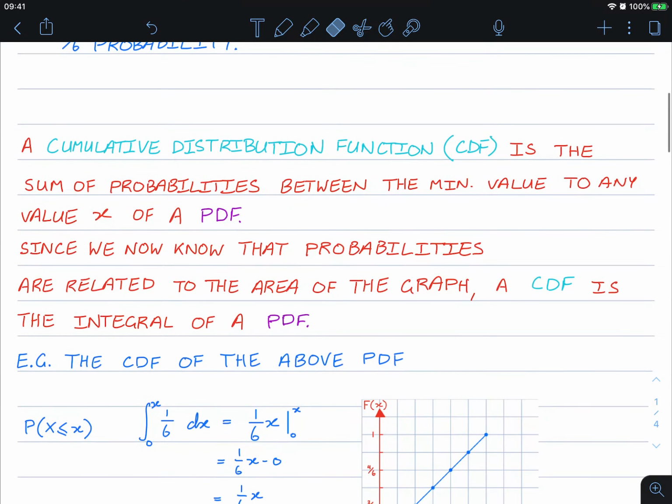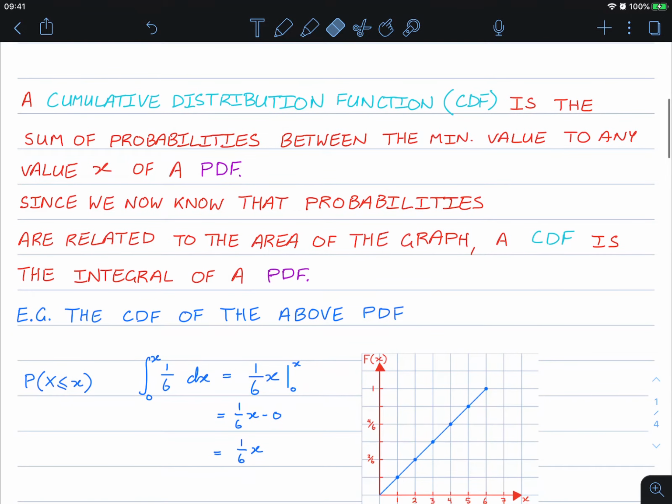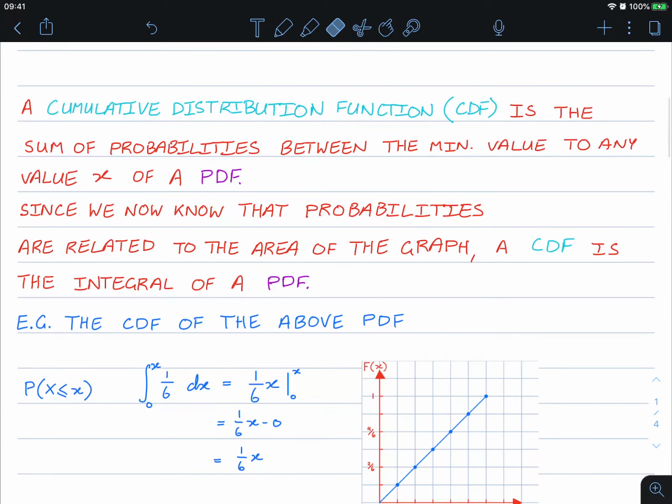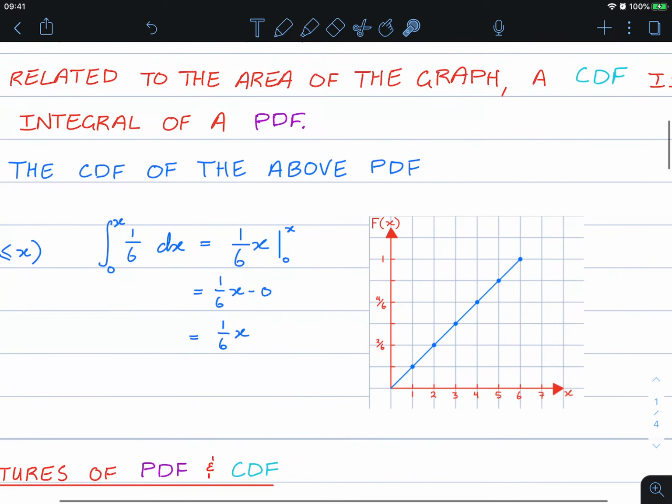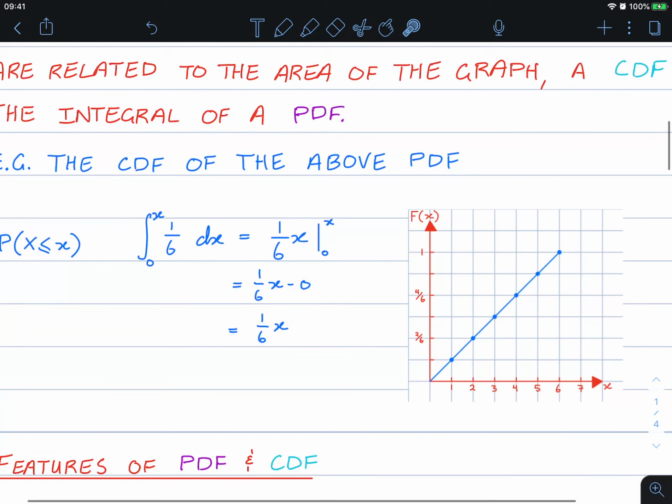A cumulative distribution function is the sum of probabilities from the minimum value to any value x of a PDF. Since we now know that probabilities are related to the area of the graph, a CDF is the integral of a PDF. So for example, here is the CDF of the above probability density function.